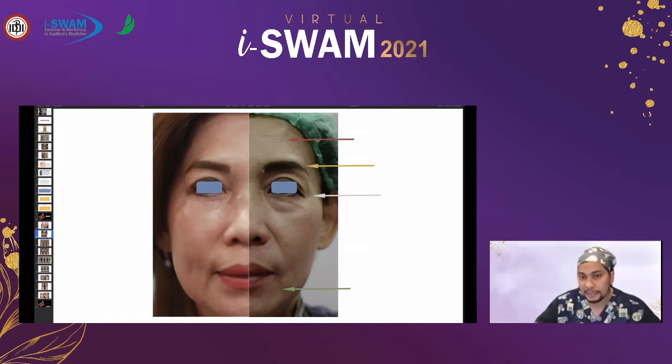And then the eyebrow: I put the injection in all of the frontalis area except the lateral third of the eyebrow. So never do the injection in this area, never.